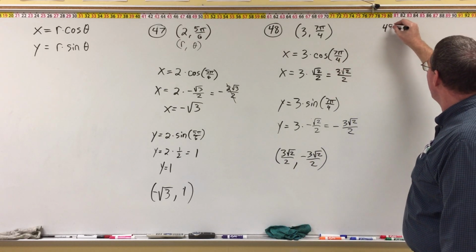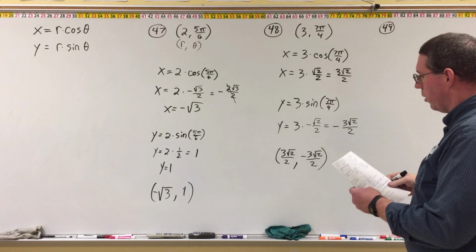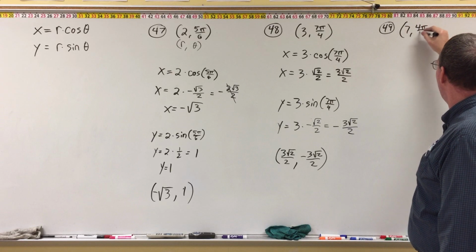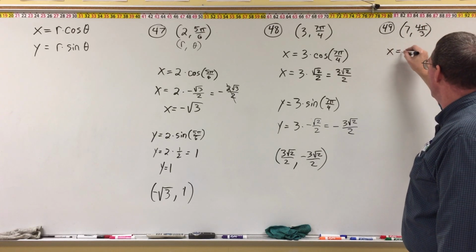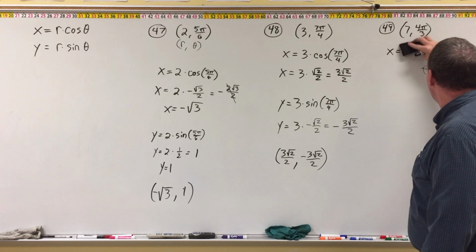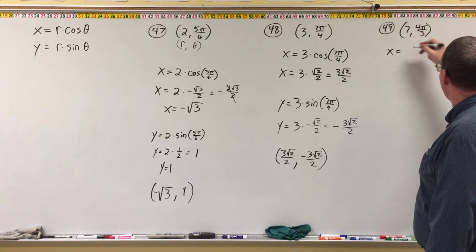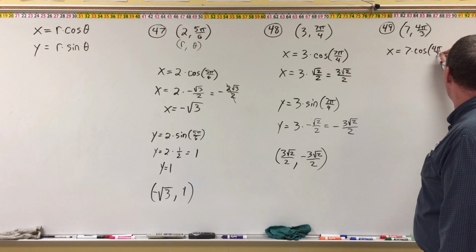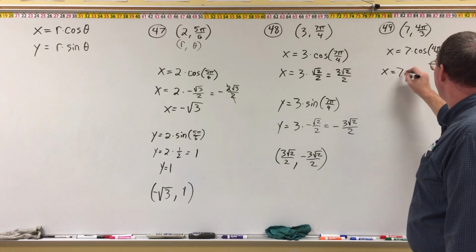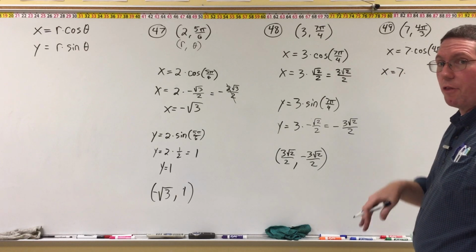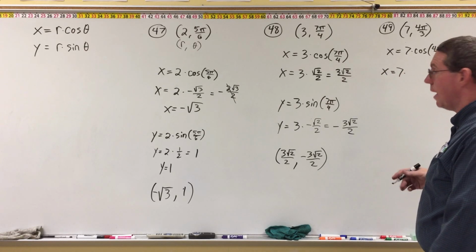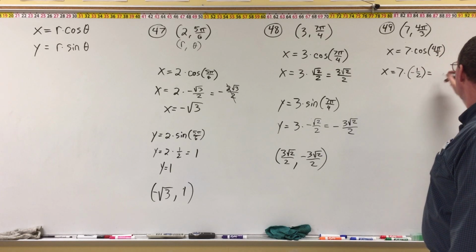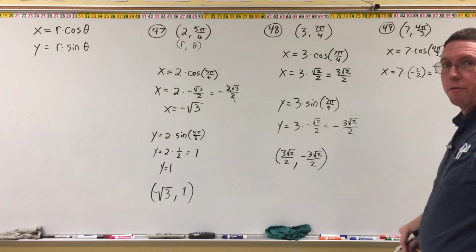And now question 49. We are given the point 7 and 4 pi over 3, radius 7, theta angle 4 pi over 3. And so our x coordinate is going to be 7 times cosine of 4 pi over 3. That's in the third quadrant, and the cosine is going to be negative 1/2. So our x-coordinate is going to be negative 7 over 2 or negative 3.5.